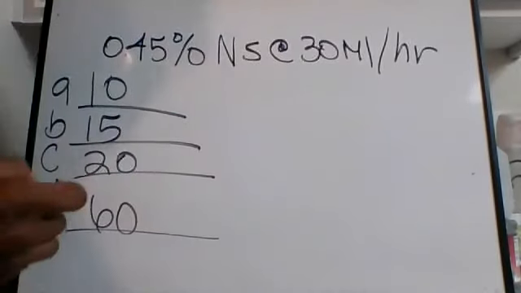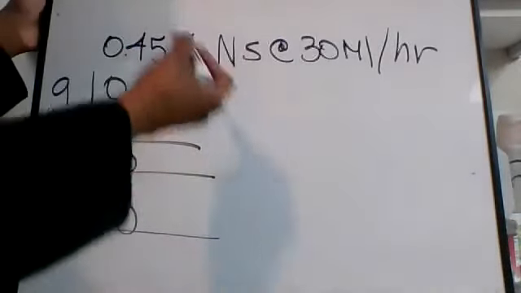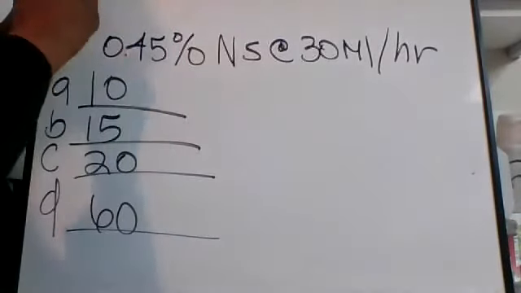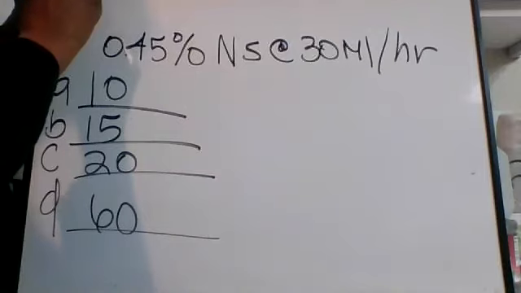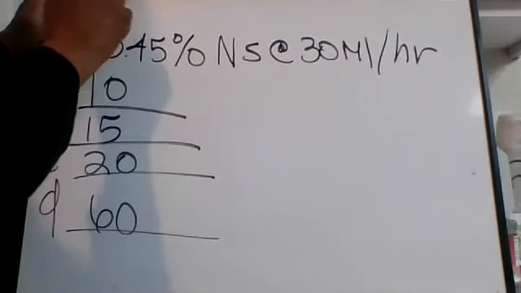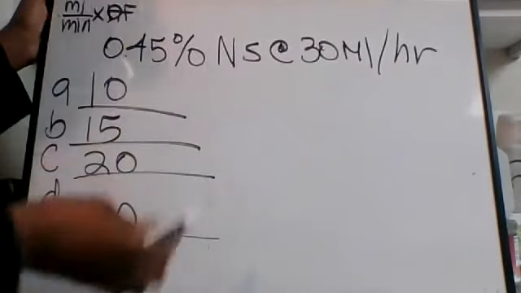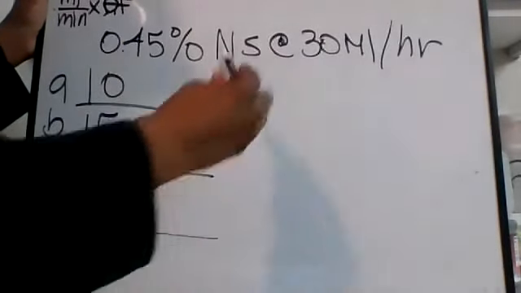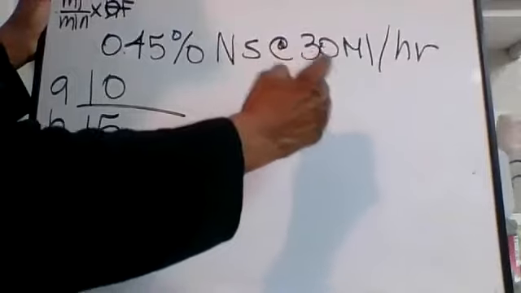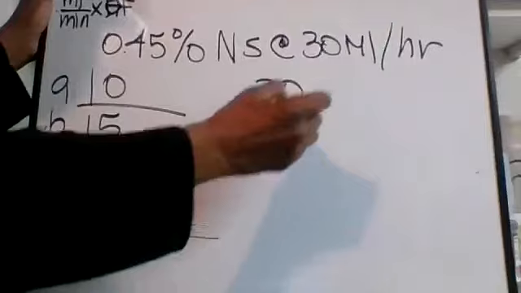All right. Once you get the setup, it's easy after that, all right? So anytime you have a drop factor, you know you're dealing with milliliters divided by minutes times drop factor. So we take our 30 milliliters as the amount to be infused. They don't give us a time, right? So we know that 60 minutes is an hour.